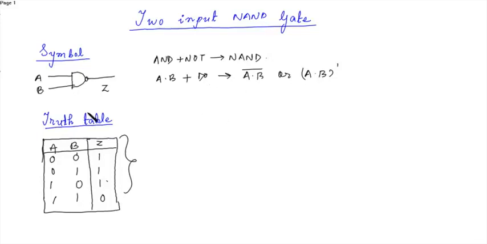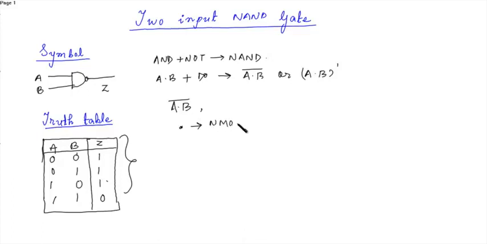Now since this is A dot B bar, when we have a dot operator we know that the NMOS will be in series and the PMOS will be in parallel.